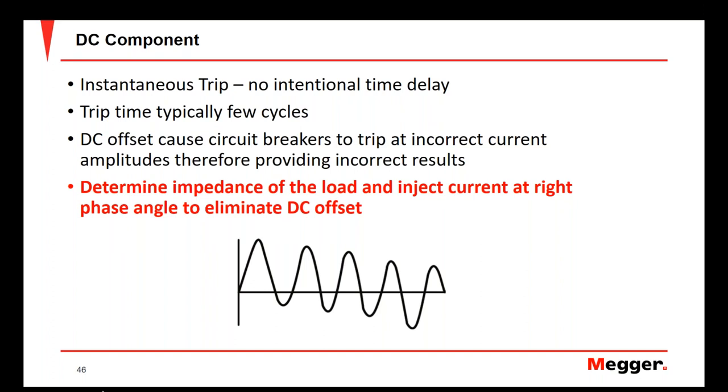The way that we can minimize this can be by manual or automatic means, and this is done by adjusting the firing angle, or the point on the voltage wave at which the output is energized. Now, the DC offset is going to be the difference between the peak and the RMS values whenever the test set starts the output current. To prevent this, we can change the firing angle so that the peak and RMS values are close to the same, to help create a symmetrical current source for testing.